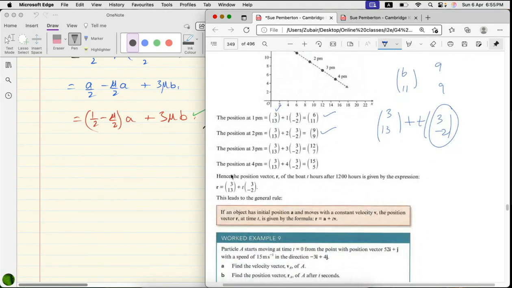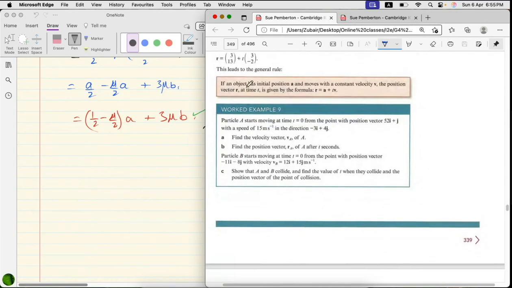So basically the initial point plus time into velocity is giving me the new position. If an object has initial position A and it moves with a constant velocity V, in generalized form, R equals initial position plus time into velocity, where velocity incorporates direction already.